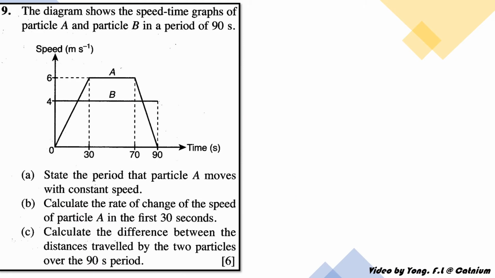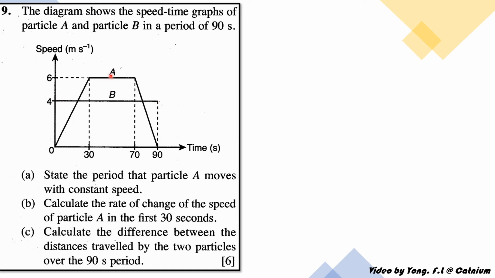Okay, now we look at another question. This is another question also related to speed, the graph of speed over time. Laju, masa. But in this graph, we are involving two lines, dua garis.